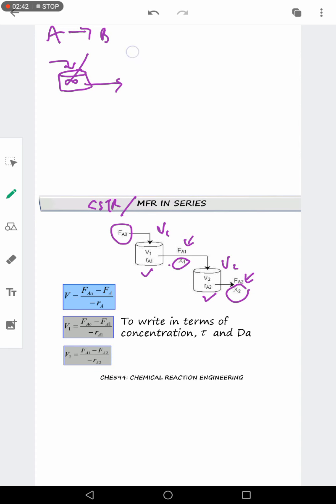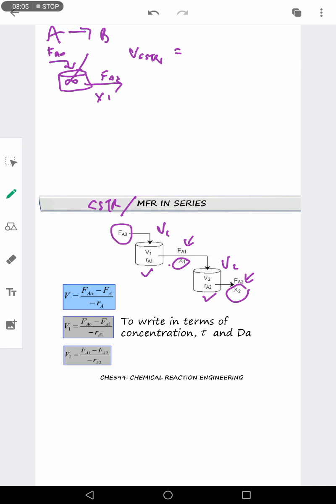Okay, so for the first CSTR, the initial feed rate is FA naught, and the remaining is FA1 with X1, for example.